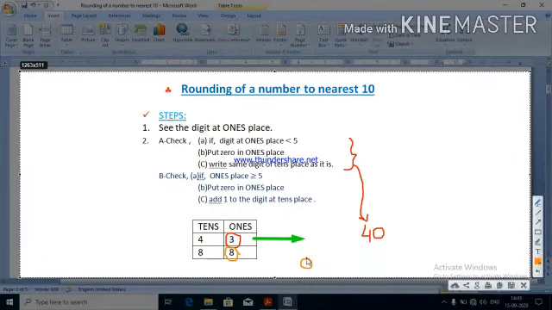The tens place is 8. You have to add 8 plus 1. This gives you 9. So your answer is 90.